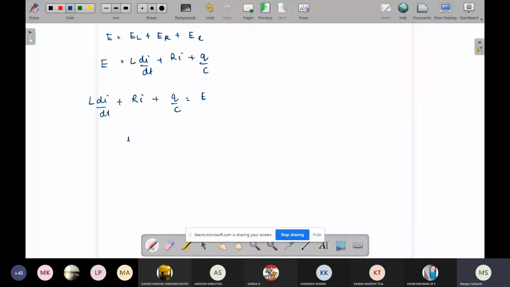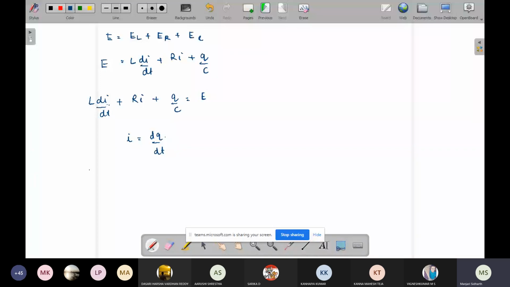Okay, so you know that current is always equal to dq by dt, right? So if I put the I value here, it will be the double derivative of q.